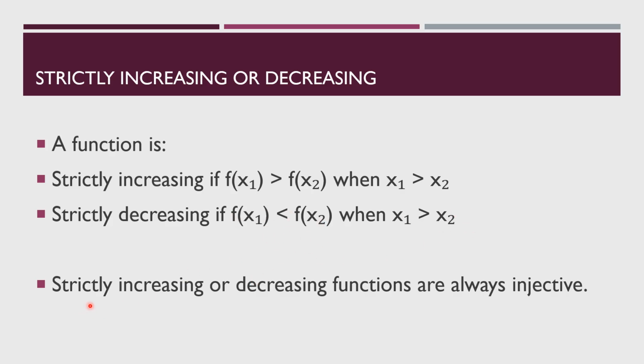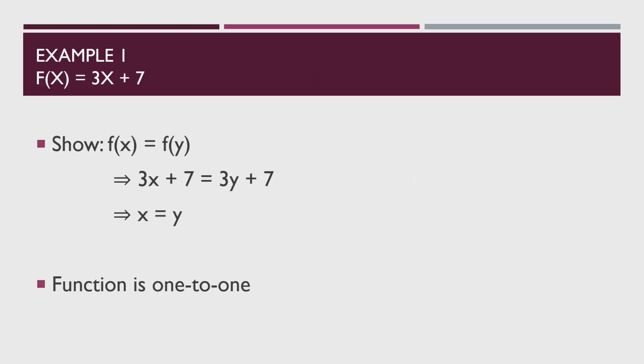Good. So strictly increasing or decreasing functions are always injective. We should put that in mind. So injective functions can also be in the form of a function that is strictly increasing or decreasing in its movement. Okay, so let's move to the next one.